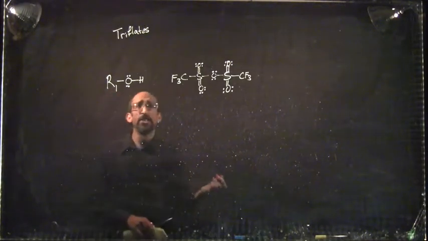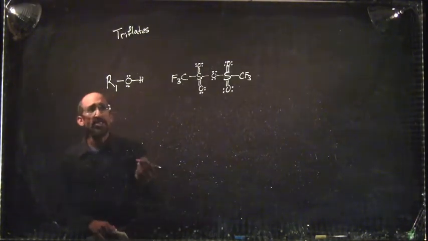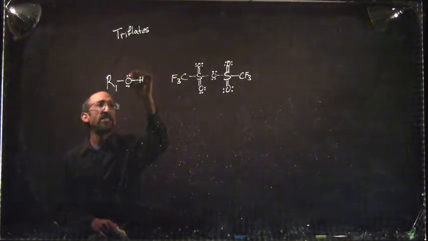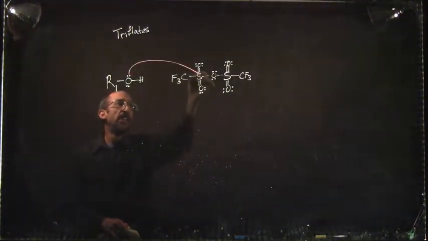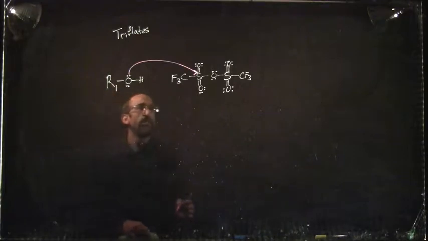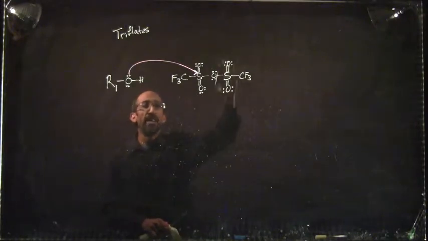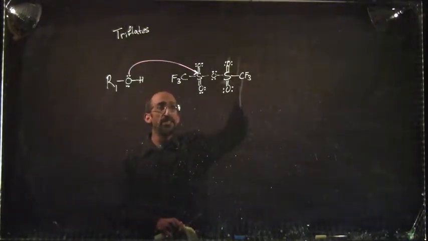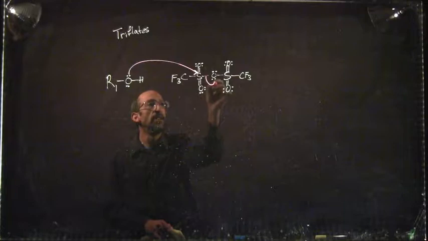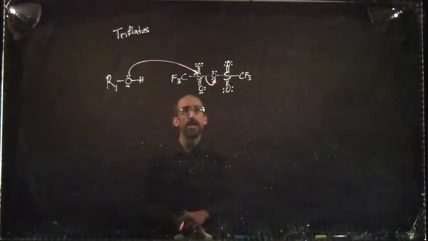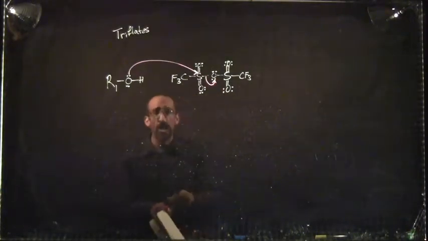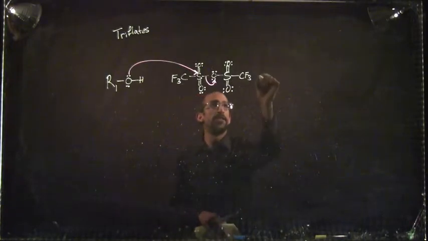So our arrow pushing is very similar. Again, in our first step, oxygen acts as a nucleophile, attacking into one of the sulfurs. This time, however, instead of losing a chlorine ion, we lose this entire piece over here. So now this sulfur-oxygen bond breaks, oxygen takes those electrons, and we get to our first intermediate.